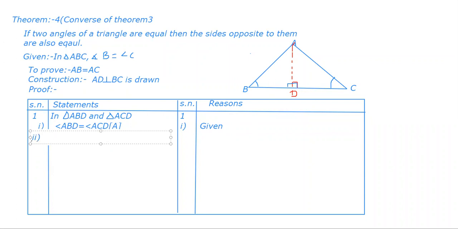Now angle ADB is equal to angle ADC. Why are they equal?